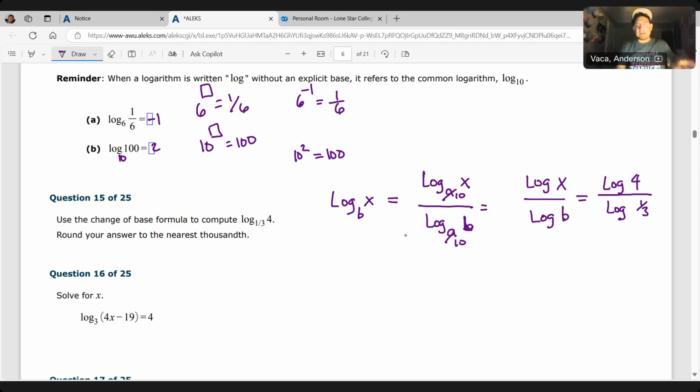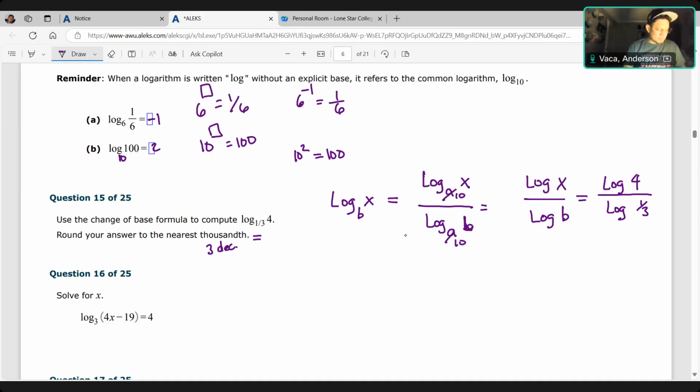Then I can use the calculator to evaluate this and round it to the nearest 3 decimal places. So I'm going to use my handy calculator now. I got log of 4 divided by, make sure you follow your parentheses correctly, log of 1 divided by 3.